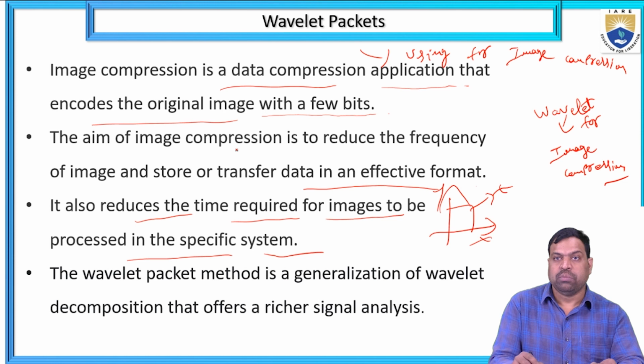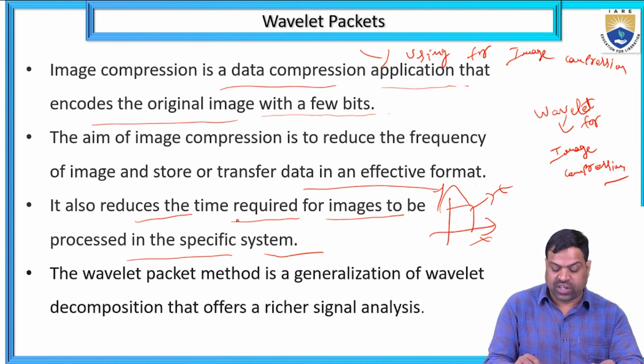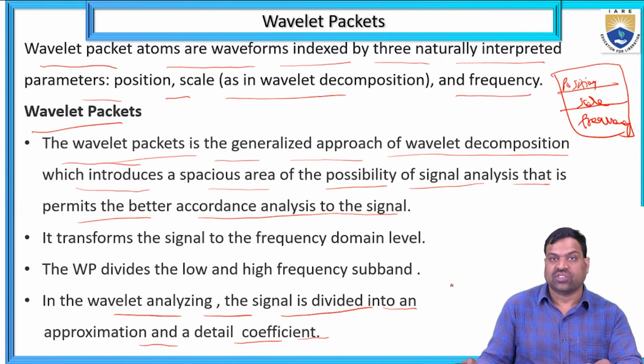The aim of image compression is to reduce the redundancy of the image and to store or transfer data in an effective format. And also we are reducing the time required for images to be processed in the specific system. The wavelet packet method is a generalization of wavelet decomposition that offers richer signal analysis.